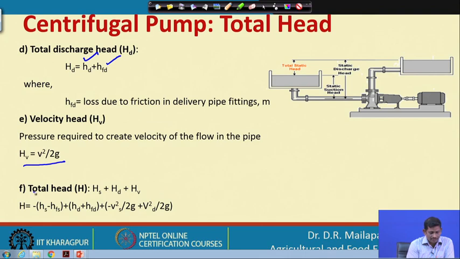So, the total head in case of water source above the center line of the pump is equal to the static suction head, static discharge head, total discharge head, total suction head, and then minus V square by 2g for suction, and V square d by 2g for discharge velocity head, because here the velocity, if you see again, this is coming down, this is really helping.